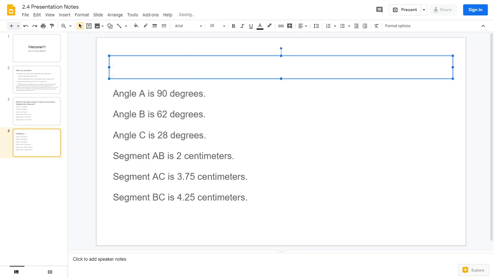So what I want you to do is try and construct triangle number 1, and see if you can figure out what is the least amount of information that you need in order to construct this triangle to make all these things true, and what information you used to make it. Okay, so that's triangle 1. Take a second, pause the video, and see what you can come up with for your construction.